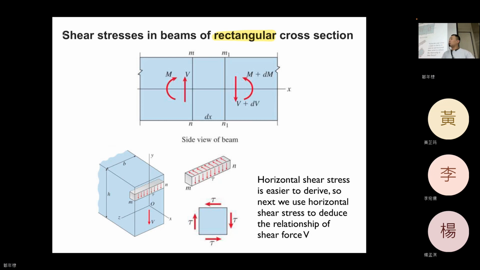It won't fit other cross-sections, because this is the easiest. Now you see this is a side view. This is X, right? And of course, this is Y, and Z toward you.